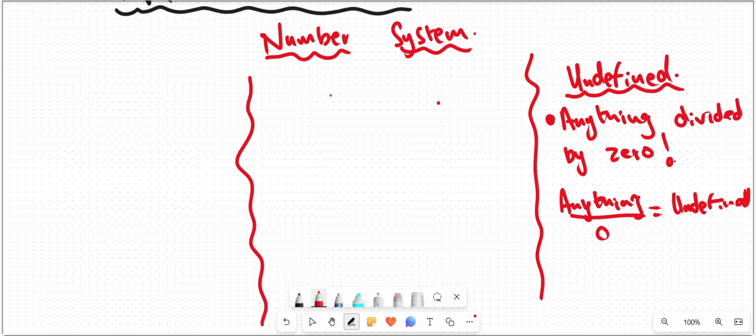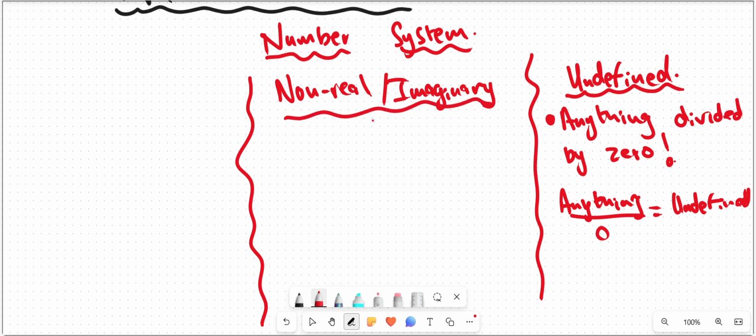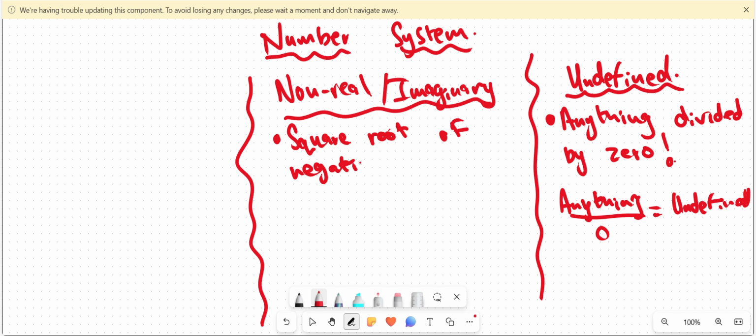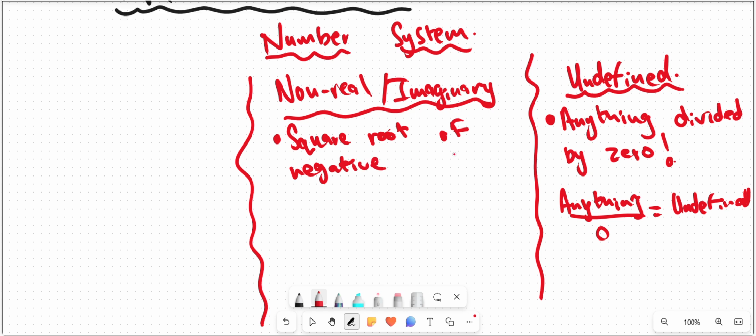Then the second category here is called the non-real category, also known as the imaginary category. And for this one, as soon as you get a square root of a negative number, that will give you a non-real answer.